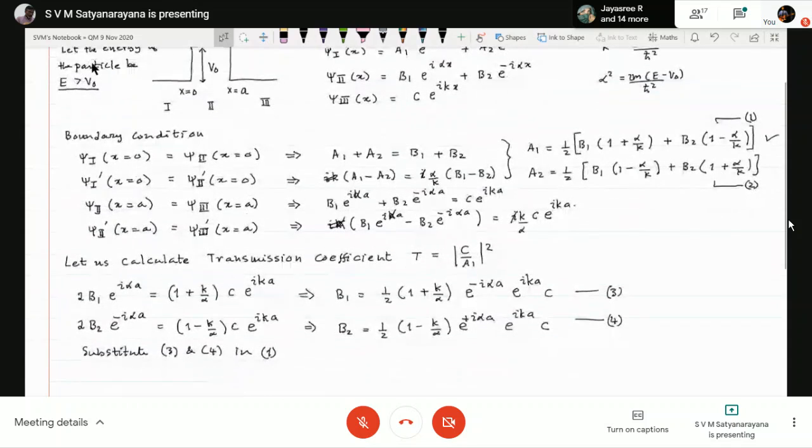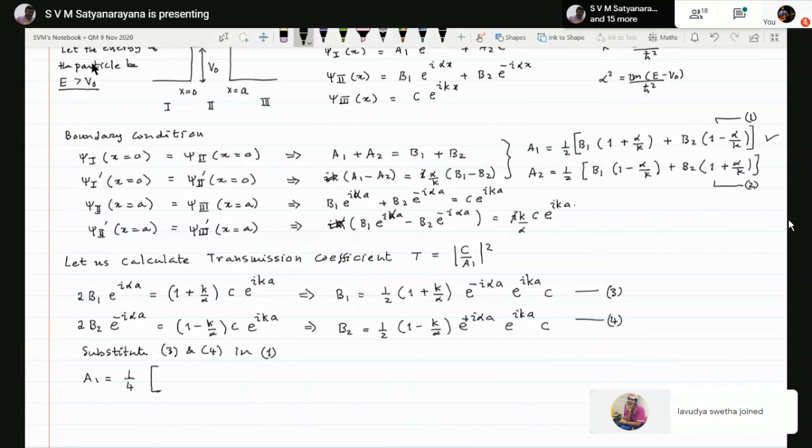So that I will get A1 is equal to, there is a 1 by 2 here and there is a 1 by 2 here, so it will be 1 by 4 into, so here I have B1 and here I have B2. I'm going to substitute for B1 and B2 in terms of this.